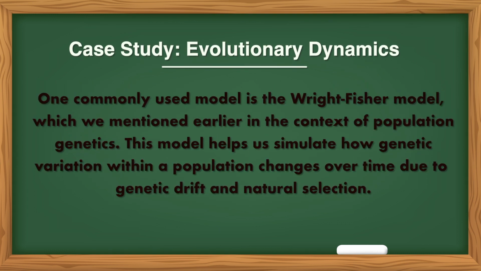Now, one commonly used model is the Wright-Fisher model, which we mentioned earlier in the context of population genetics. This model helps us simulate how genetic variation within a population changes over time due to genetic drift and natural selection.